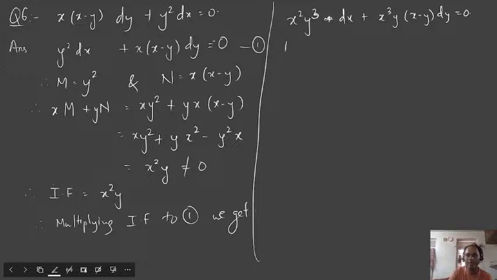Now your M1 has become x cube y cube, and N1 has become x cube y (x minus y).